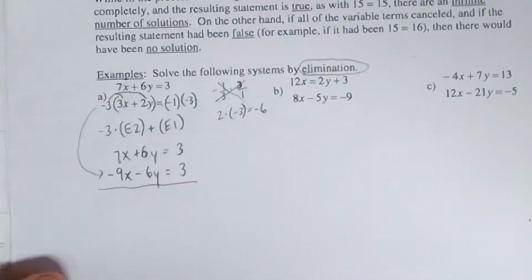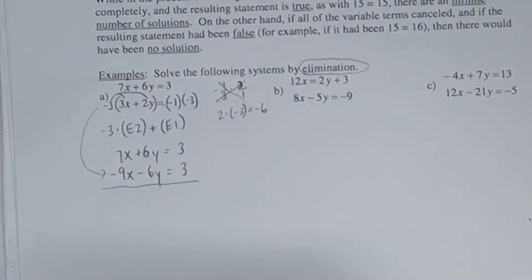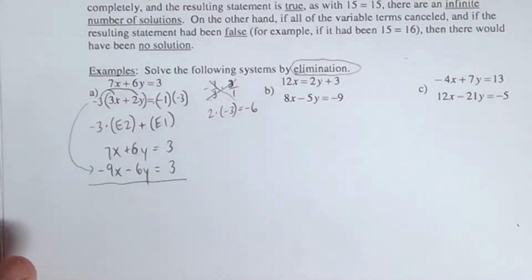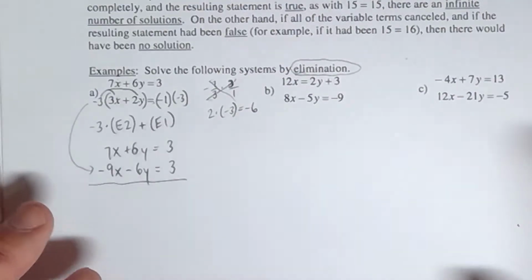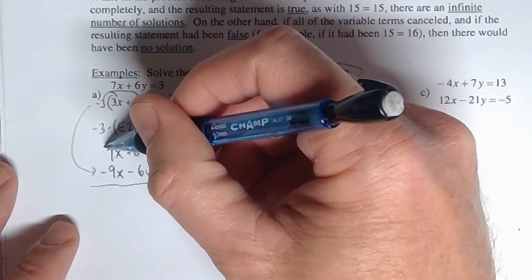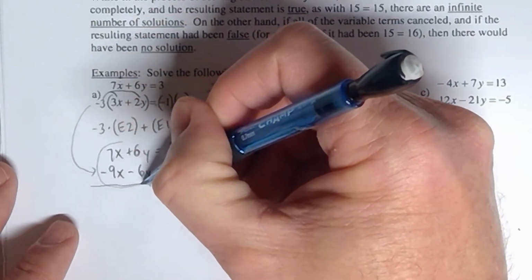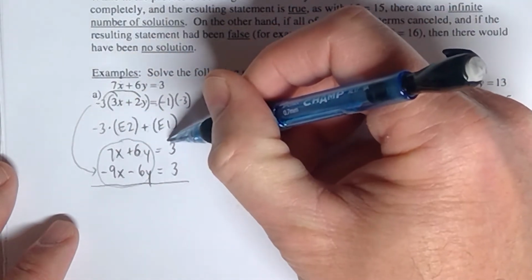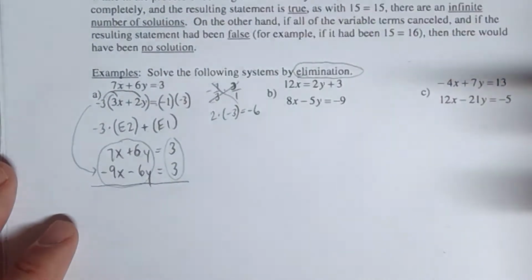Now, when I first was a student learning this stuff, I thought to myself, what does it mean to add equations? That seems kind of weird because they're equations, right? They got equal signs. What does that mean? What it means when you add the equations is it means to add the left sides together and add the right sides together, okay?